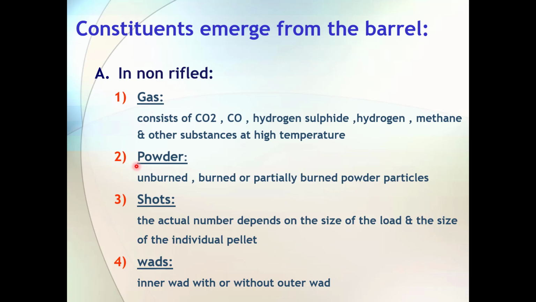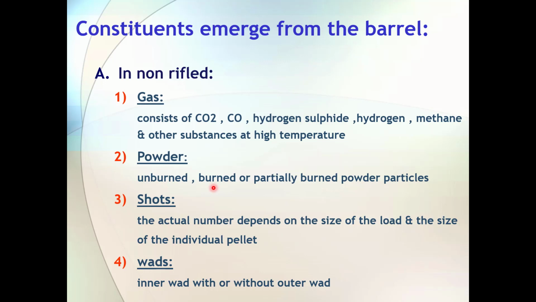After firing, we find burned powder particles and unburned powder particles. Burned powder particles are in the form of smoke, which leads to blackening of the skin surrounding the inlet.